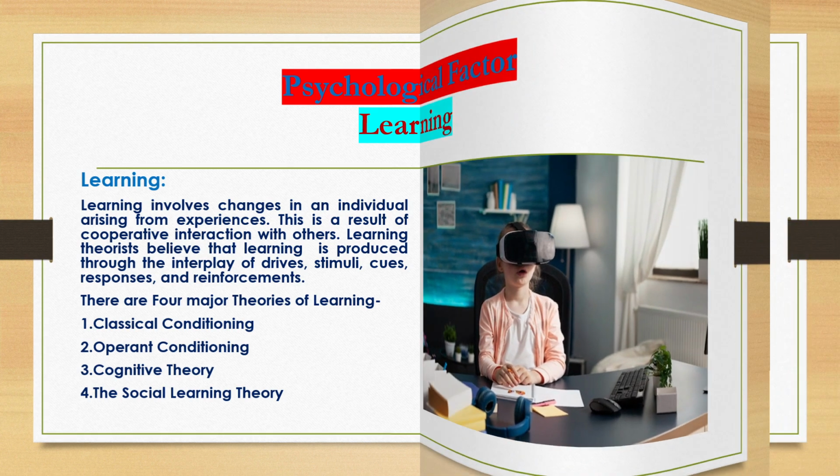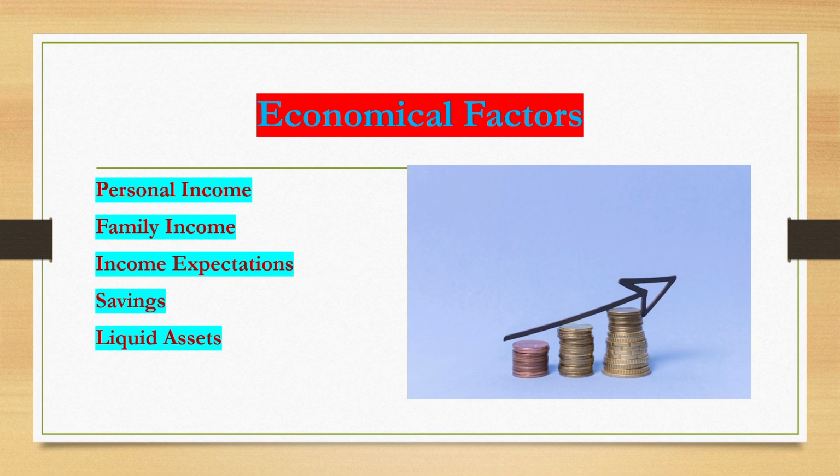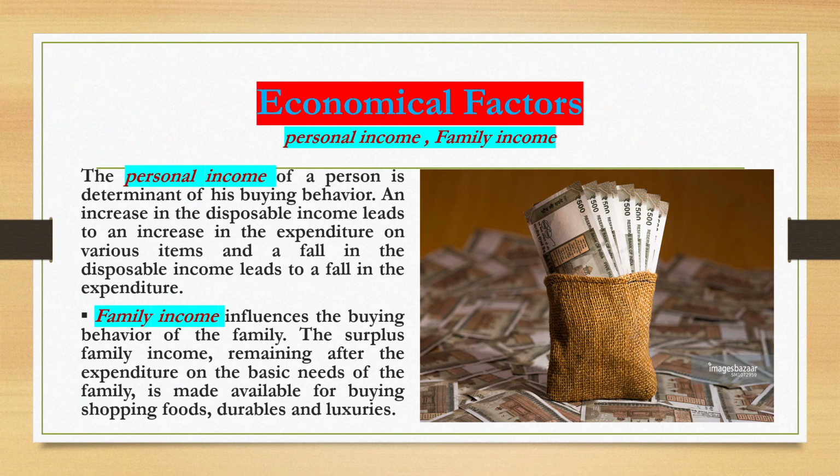Then we have economic factors. Personal income, family income, income expectation, savings, as well as liquid assets. The more a person has personal income, the more he will tend to buy a costly product.